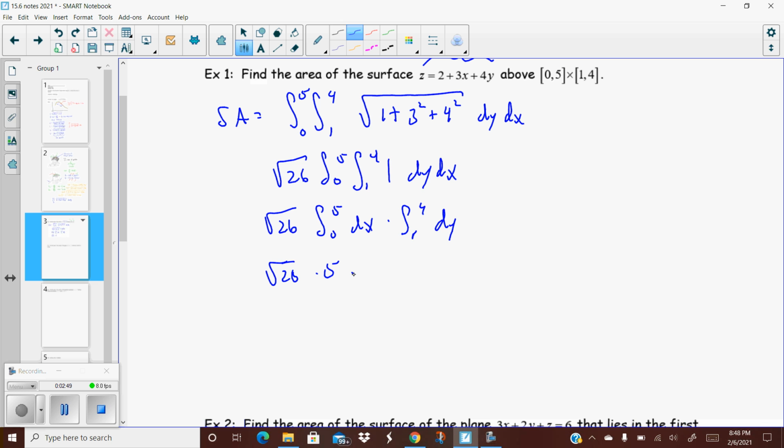The integral from 1 to 4 of dy is just going to give you 4 minus 1, which is 3. So 3 times 5 is 15 times the square root of 26. That would be the surface area of that plane over the domain 0 to 5, 1 to 4.